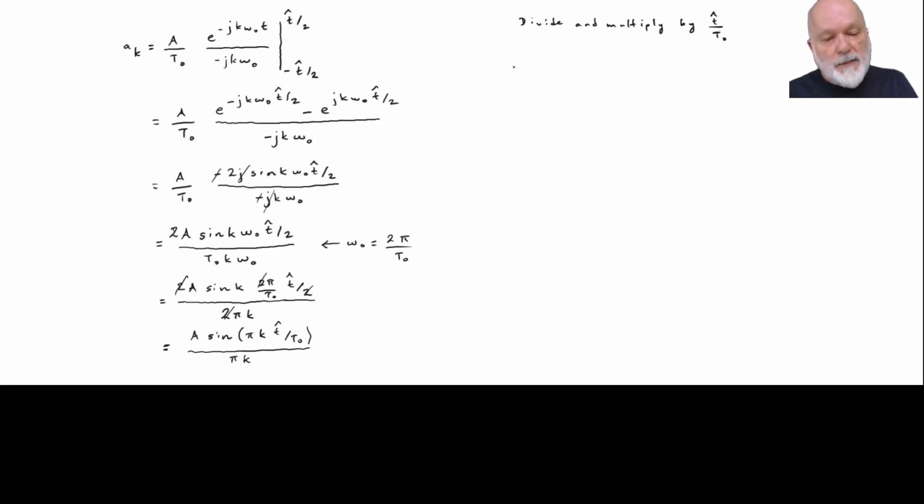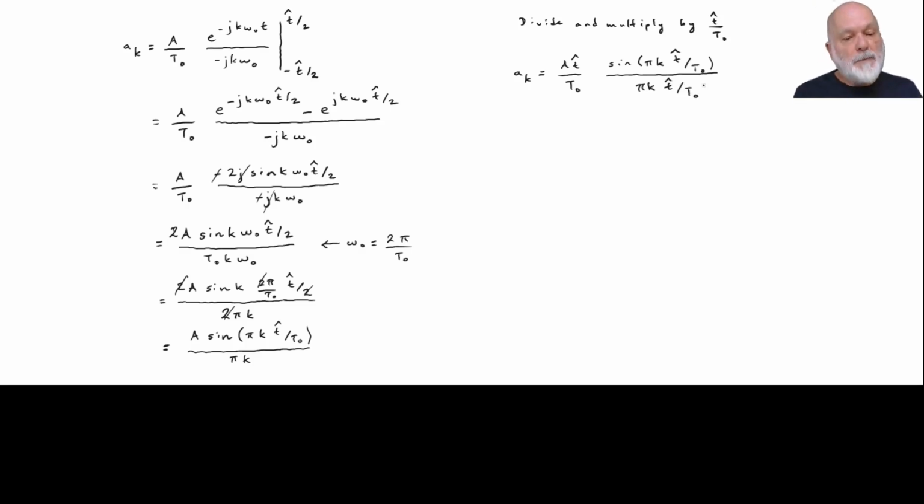So we have the following expression for ak. ak is equal to A T cap divided by T0 times sine(pi k T cap divided by T0) divided by pi k T cap divided by T0.